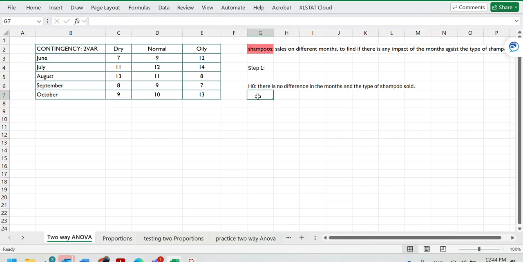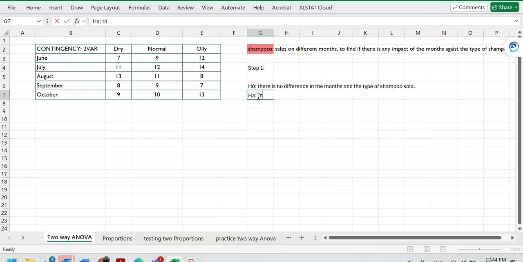So now when you go down to the alternate, we don't write only one thing here because there are two variables, right? In the previous single-way ANOVA, or one-way ANOVA, we had only one variable, performance for A, B, C. That's it. But here it is the type of shampoo and there is also the month of sale. So which means I have to write two alternate hypotheses.